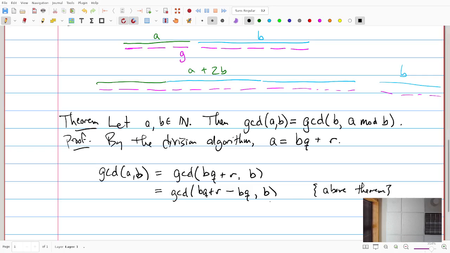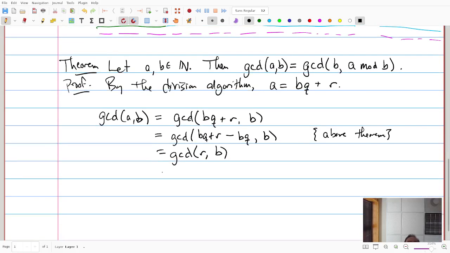Right, and the theorem that I stated above says we can subtract as many copies of this B as we want from this side, and that doesn't change the GCD. The BQ's cancel. Right, this just says GCD of R, B. And, well, I can switch these around, B comma R, because GCD is commutative.